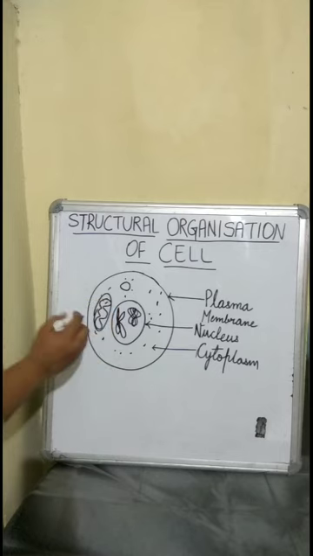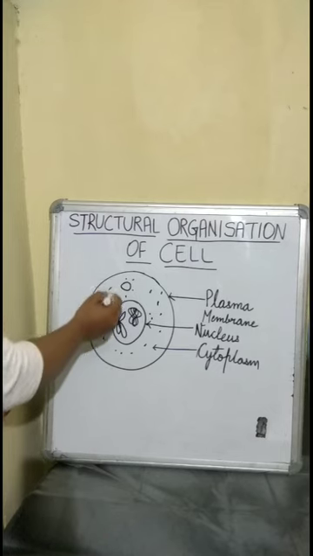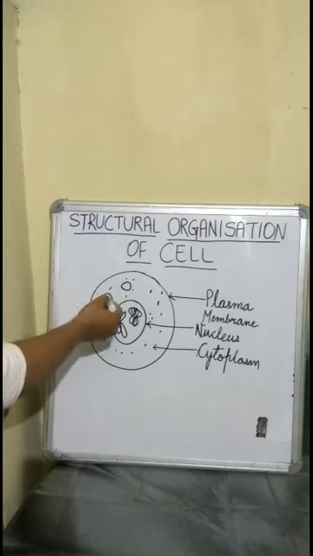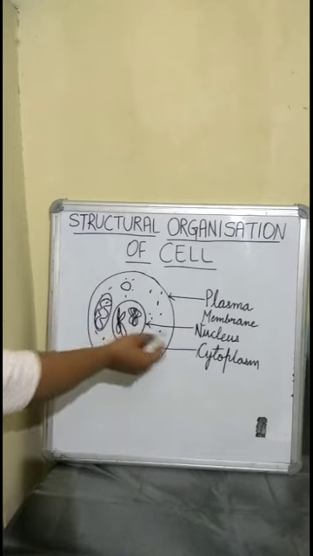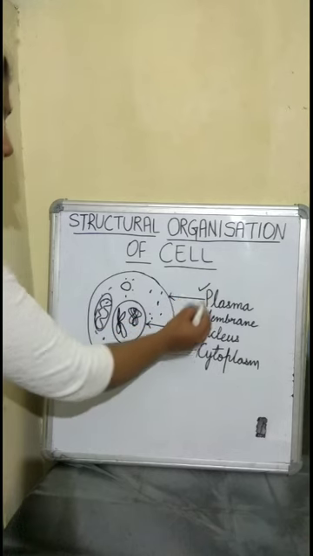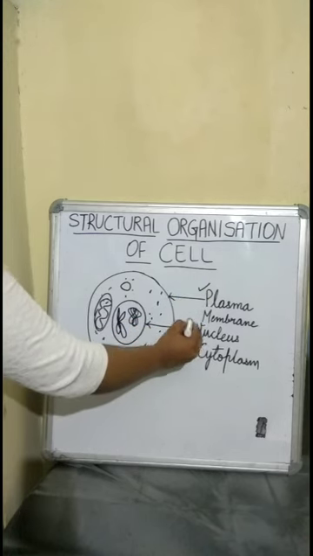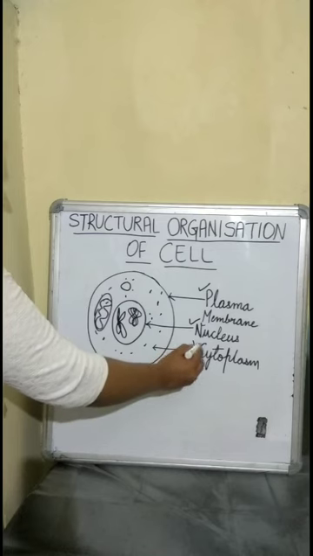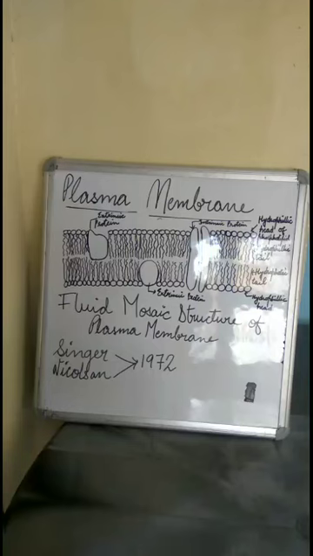These are all cell organelles. We will discuss the cell organelles later in the coming session. First, we will study in detail the plasma membrane, then the nucleus, and then the cytoplasm.